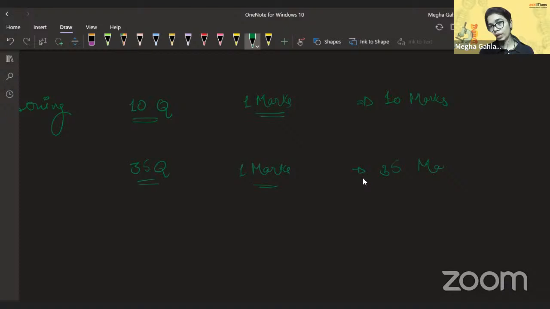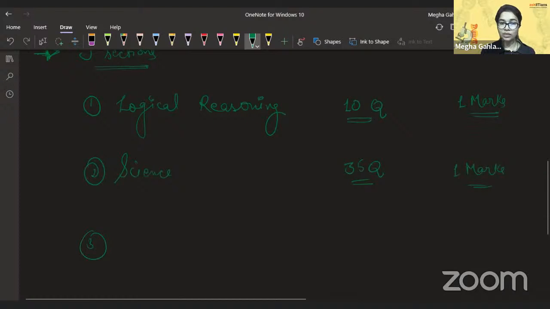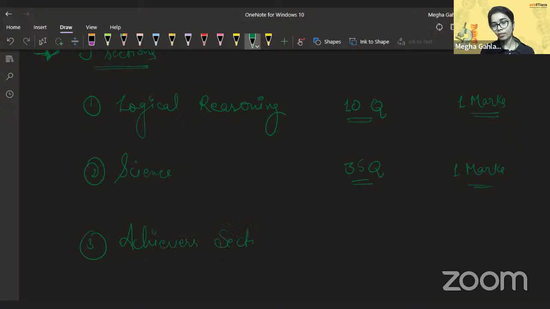And then there is a different section, which would be called the achievers section. And this has only about 5 questions.